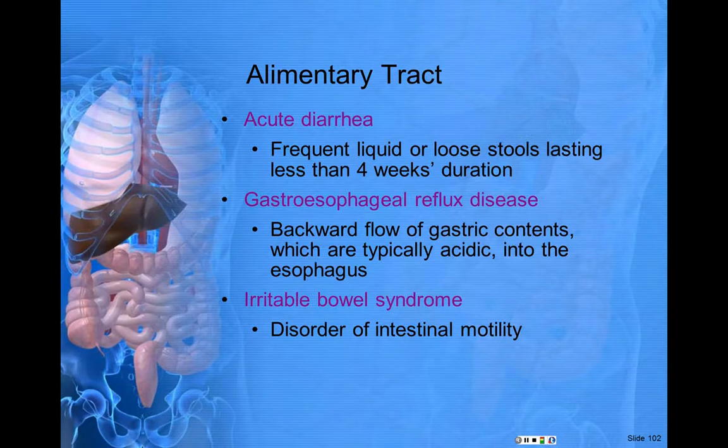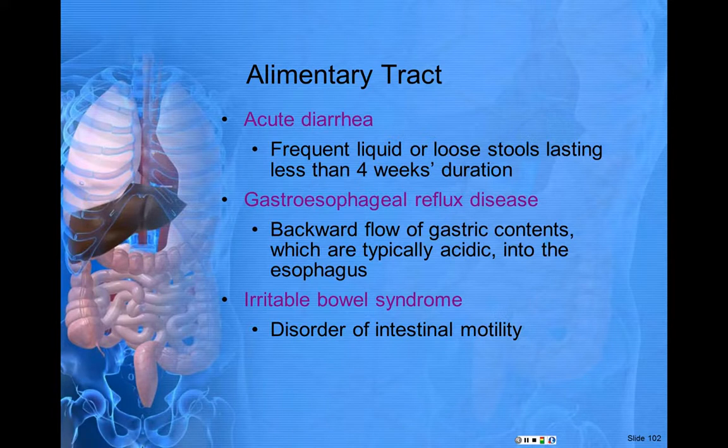Gastroesophageal reflux disease causes backflow of gastric contents up into the esophagus, causing pain. There's a lack of closing of the sphincter valve at the top of the stomach, the cardiac sphincter, and that causes the acid to go up into the esophagus.